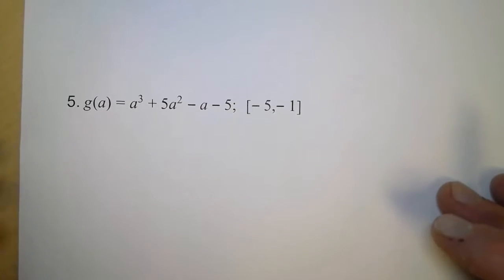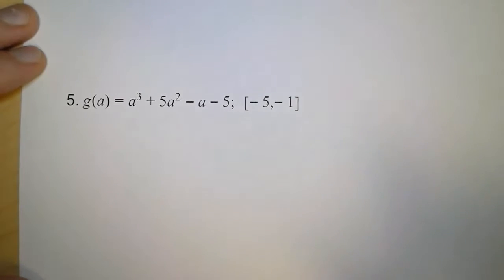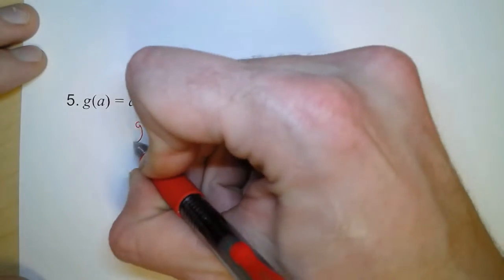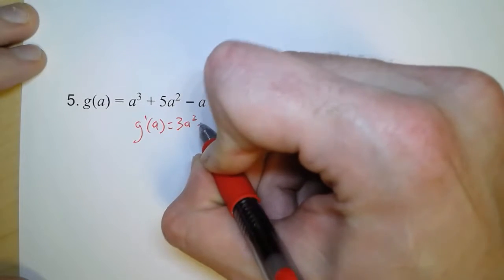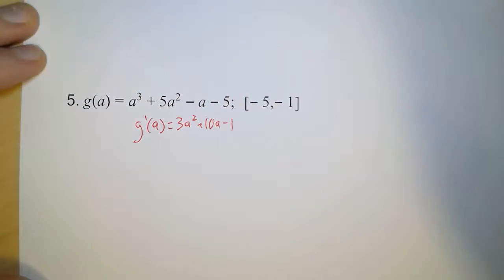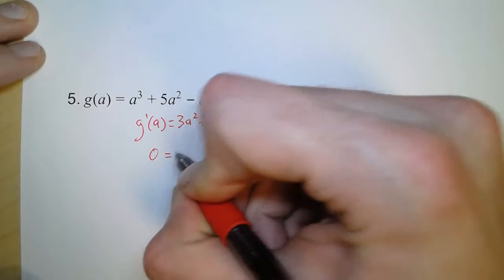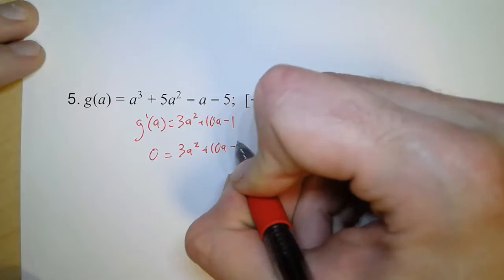So now, moving on to number 5. Here our endpoints are -5 and -1. So we find our derivative. g prime of a equals 3a squared plus 10a minus 1. And so we set that equal to 0. So 0 equals 3a squared plus 10a minus 1.